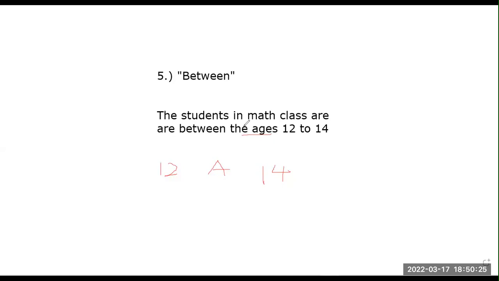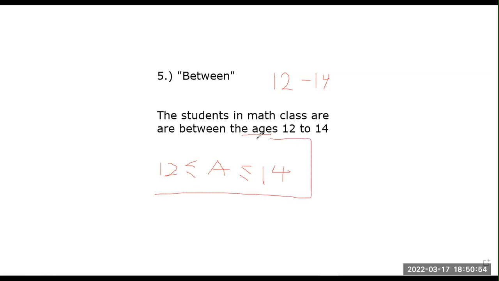Now normally, we can see this statement, 12 to 14. But remember, we are speaking about inequalities, so we want to write inequalities to represent that. So what we will have is this. So 12 is less than or equal to A, which is less than or equal to 14.